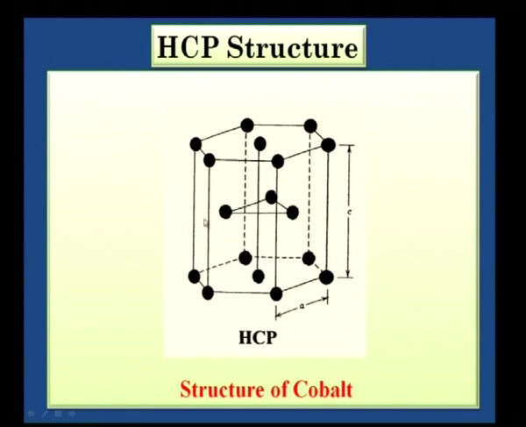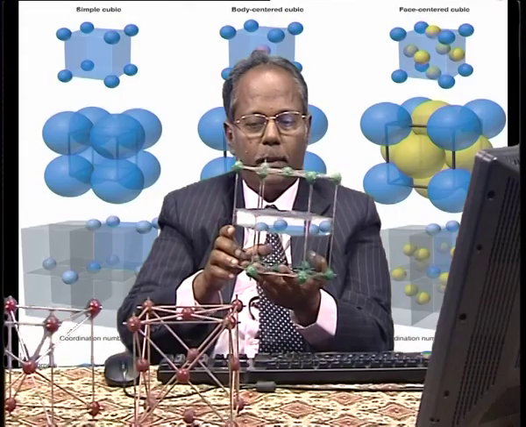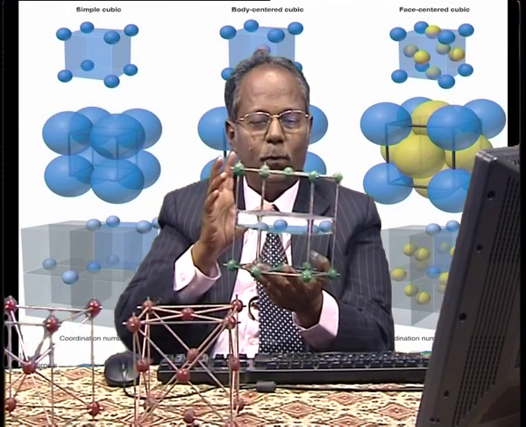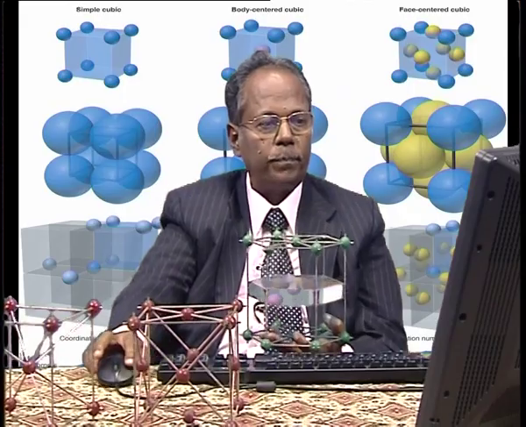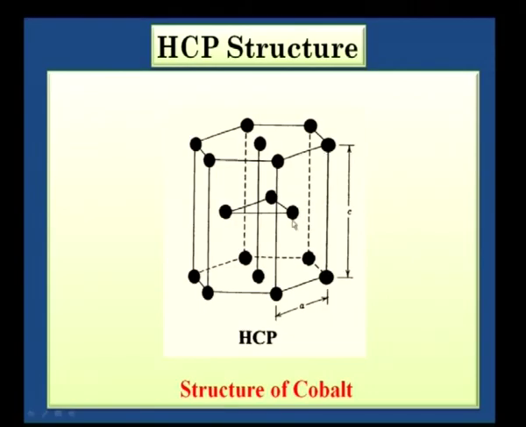At a distance of c by 2 from the bottom plane, you have got 3 atoms in the mid plane. They are not exactly at the centroid, they will be separated by 120 degrees, each atom separated by an angle of 120 degrees. There will be 3 atoms in the middle.